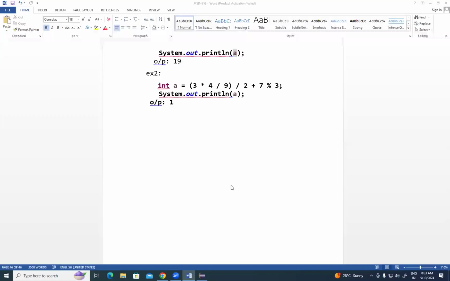Now, coming to the point, the next type of statements that we need to know is called control statements. Control statements are very important because, as the name says, they are going to manage the control flow of execution. They will control the execution.